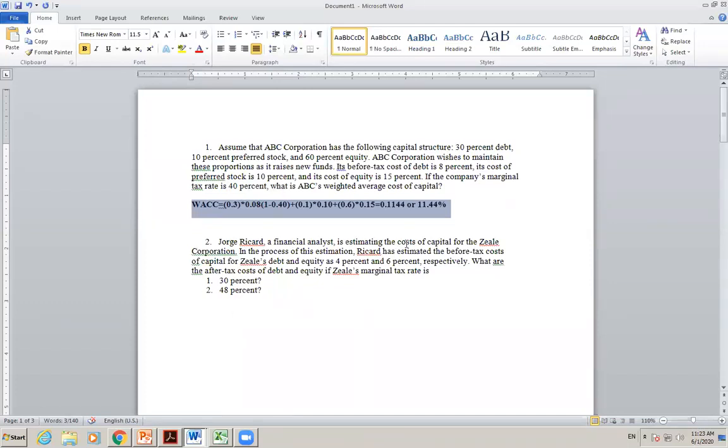Financial analysis: estimating the cost of capital for ZL Corporation. In the process of estimation, Richard has estimated the before-tax costs of debt and equity as 4% and 6% respectively. So what are the after-tax costs of debt and equity if the marginal tax rate is 30% and 48%? So now we need to calculate the cost of debt.